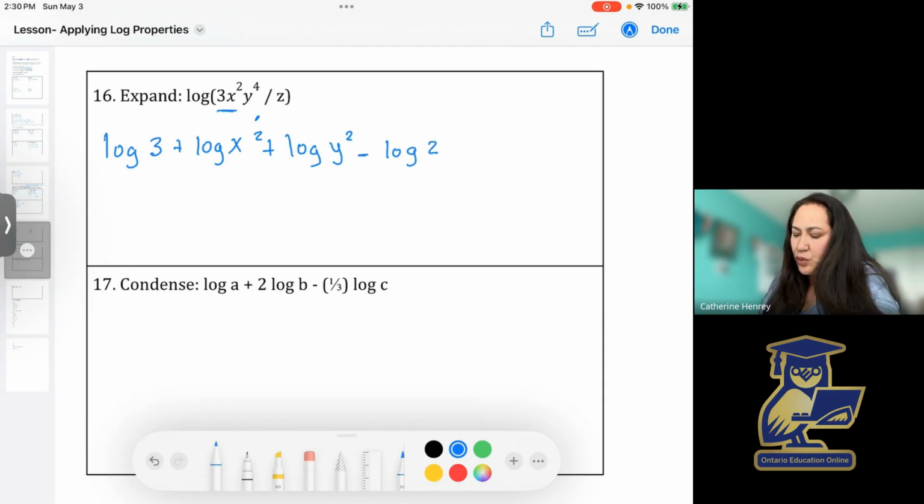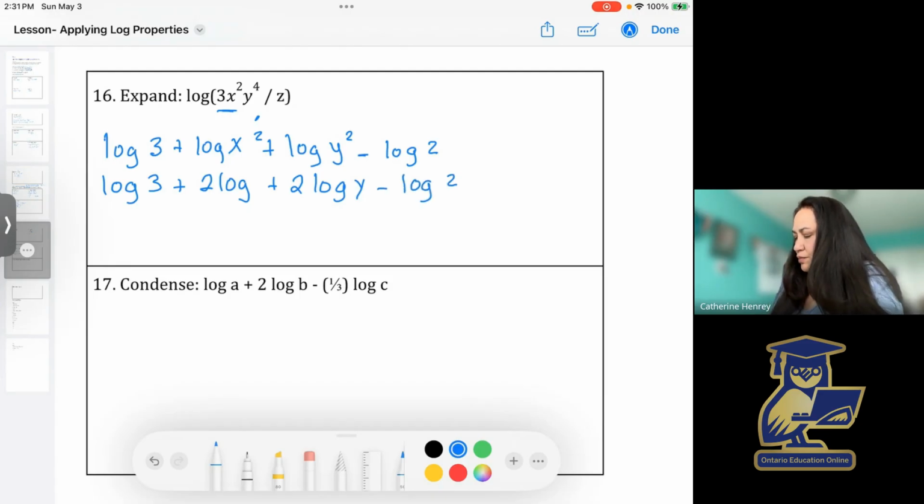And then we'll just pull out our exponents to be coefficients. So 2 times the log of x plus 2 times the log of y minus the log of z.